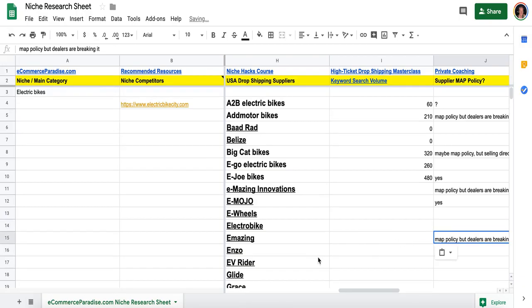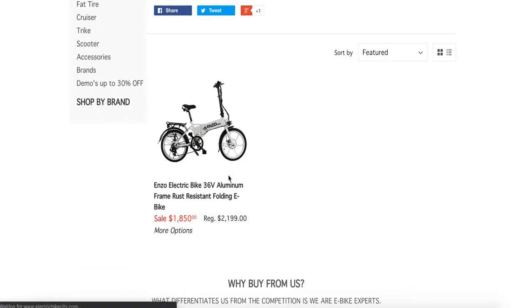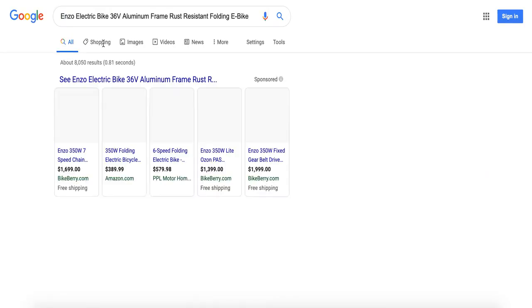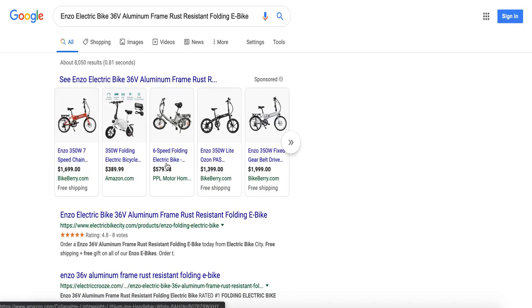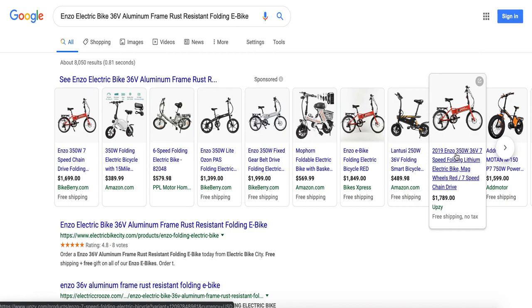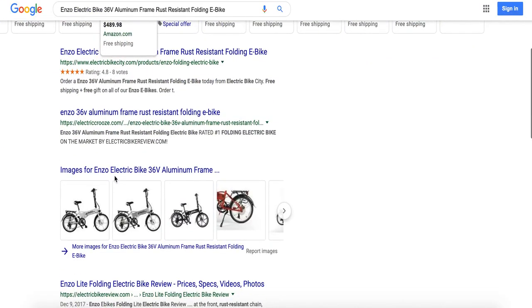Alright, let's try the Enzo. Copy it from here too. We'll plug that into Google. So $16.99. That's a different model. $17.89. There's not too many of them advertising.